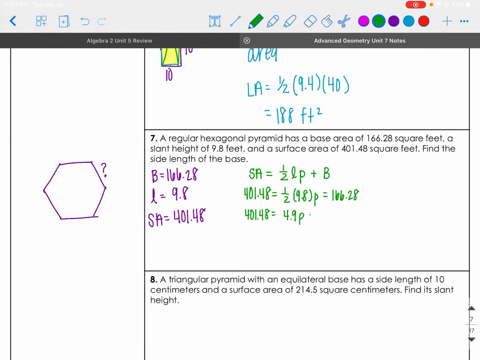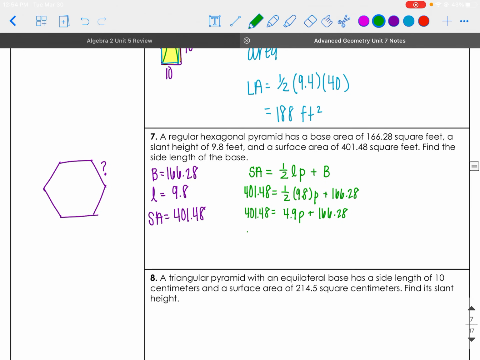Oh, and that should have been plus. I'm not with it today. Plus 166.28. Okay, and then this is just a two-step equation. So if I subtract 166.28, we get 235.2. And then I divide by 4.9.